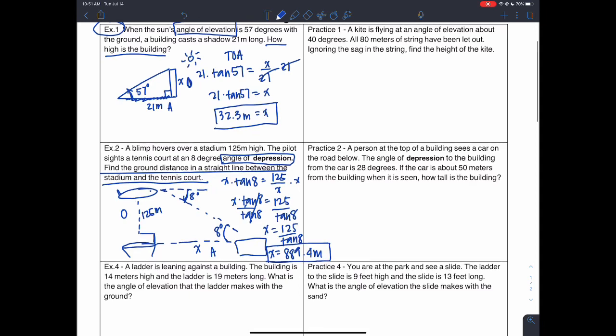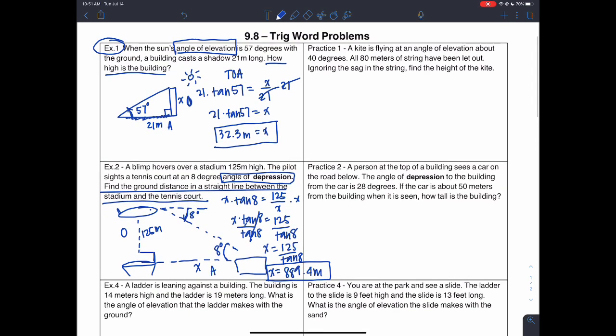Okay, so at this point, I'd like everyone to try practice 1, and I will help you draw out the picture first, and then you can do the calculation yourself. So a kite is flying at an angle of elevation about 40 degrees.